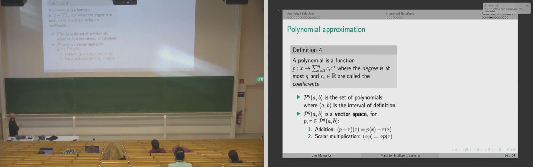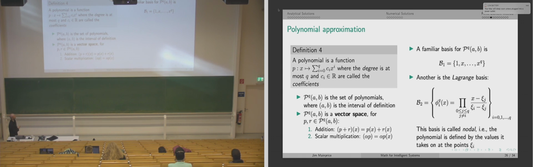Basically you can add two functions together element-wise, and you can scale the function. So a familiar basis for the set of polynomials, of course, is the classic one, the basis of monomials. The coefficients are simply going to be these c_i's here.